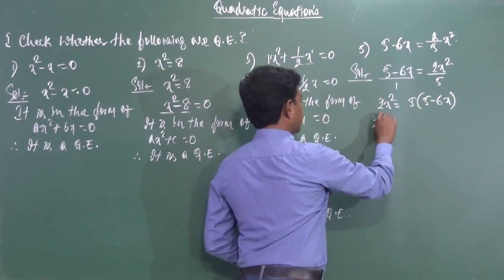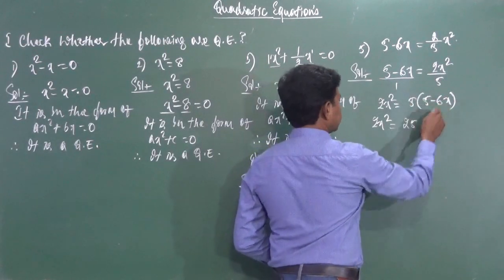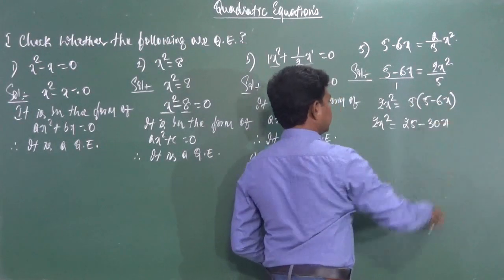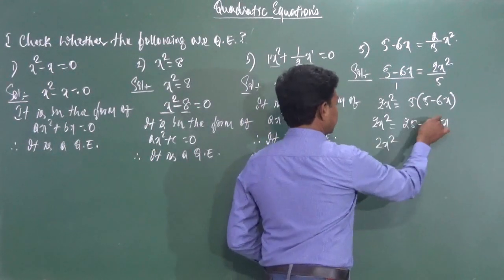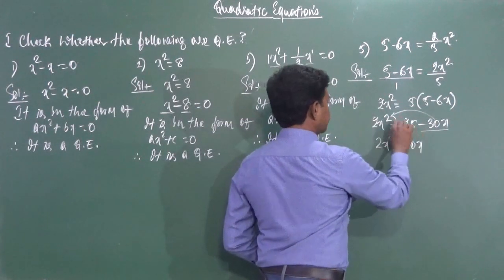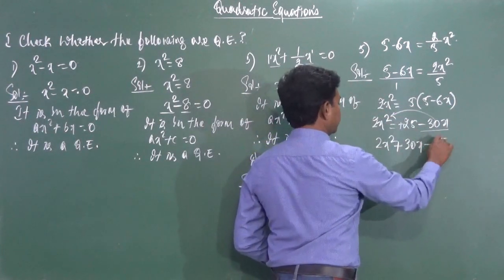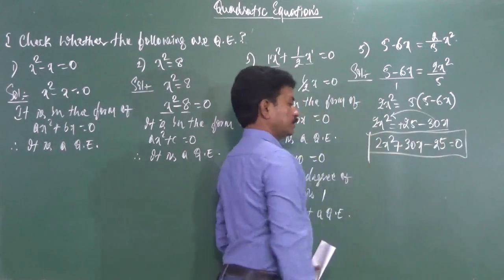So 2x square is equal to 25 minus 30x. Taking the terms to the LHS, it is 2x square plus 30x minus 25 is equal to 0. Please look at this equation.